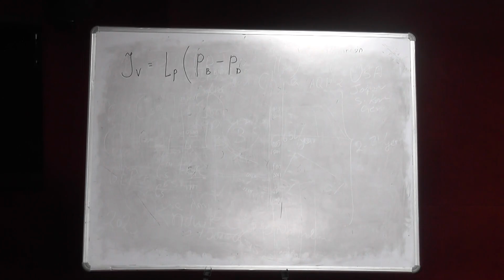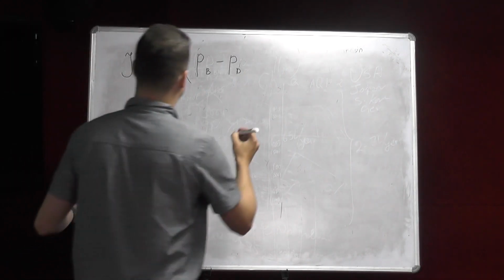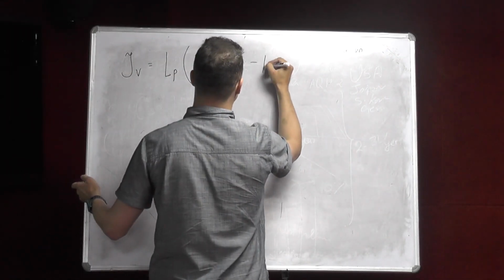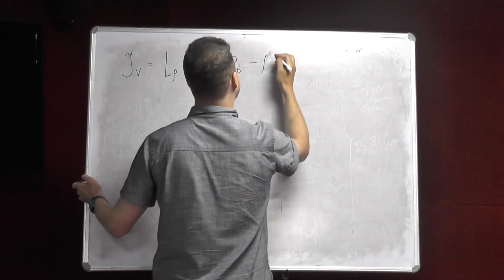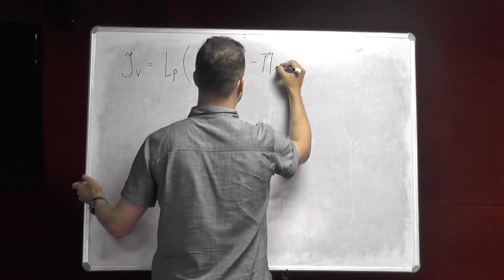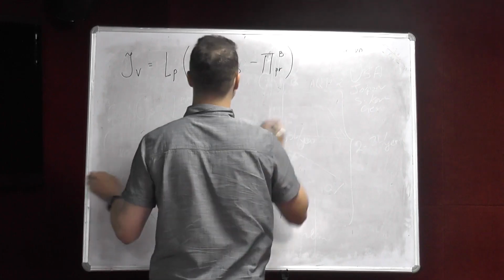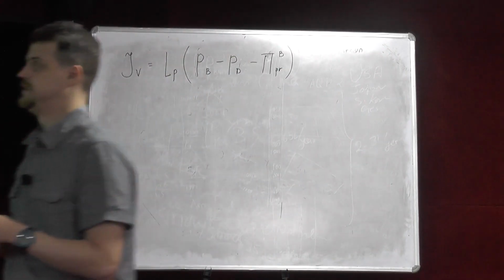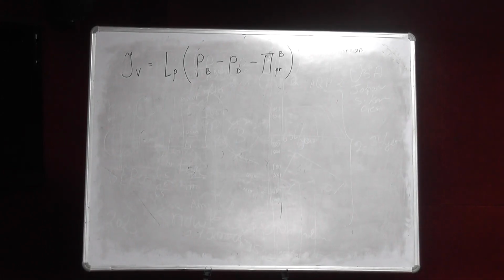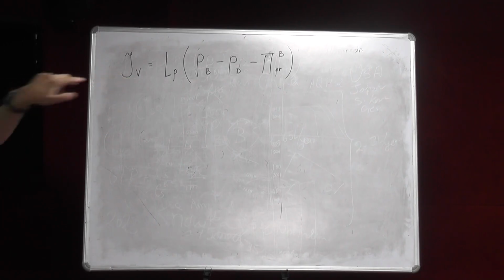And we have the oncotic pressure created by protein in human blood. Usually the membrane of the dialyzer is developed in such a way that proteins and other big-sized molecules will not go through the membrane.